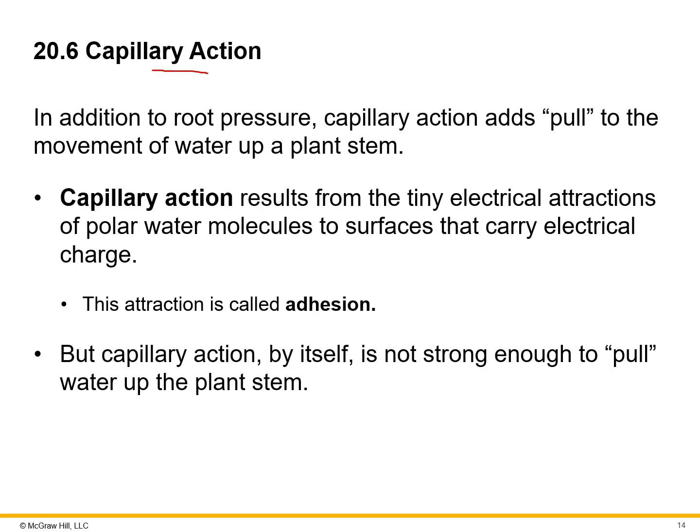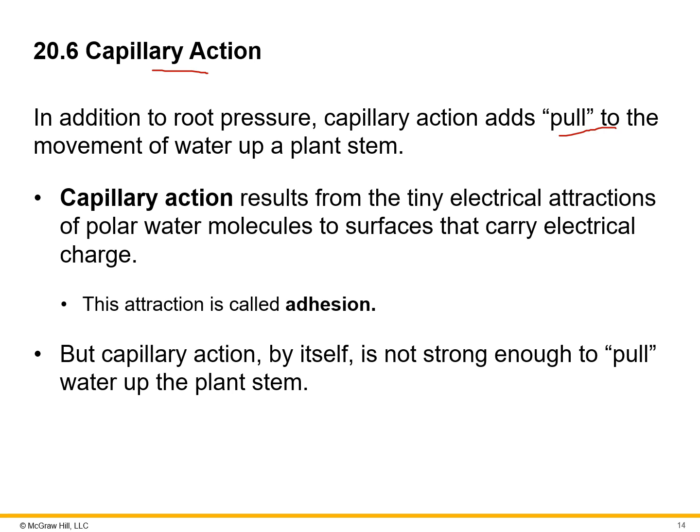Now it also uses what's called capillary action, and you can see this if you've ever taken a straw in a drink and you put your finger over one end of the straw and you take it out. Of course, whatever your drink is stays inside of the straw. That's capillary action. Or if you dip a paper towel into a fluid, it runs up the paper towel. So this capillary action essentially pulls on the water and moves it up the plant.